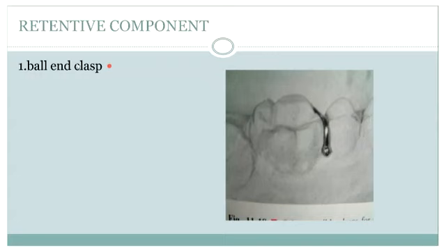Now we talk about the retentive component, built-in clasps. Here we can see the clasp used for retention of the appliance in the undercut which is present between the molar and the premolar.